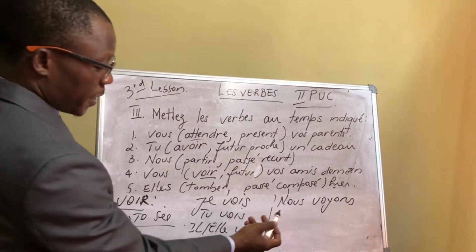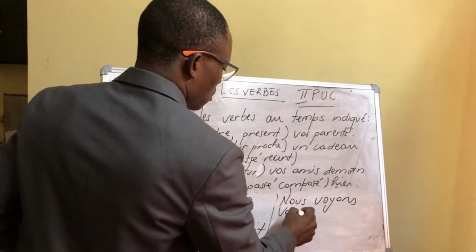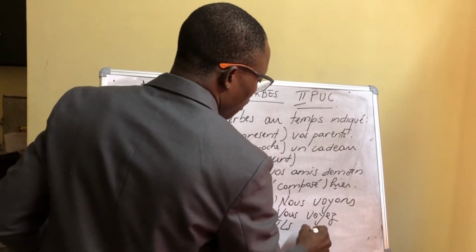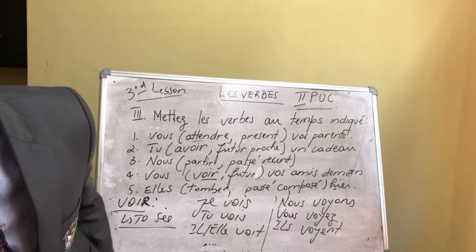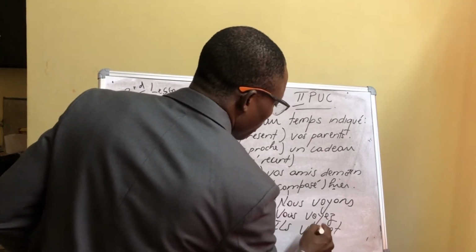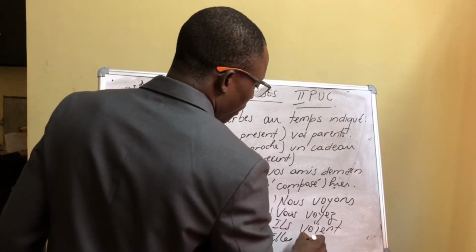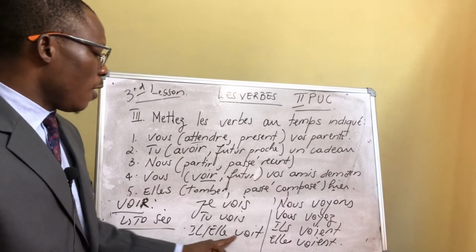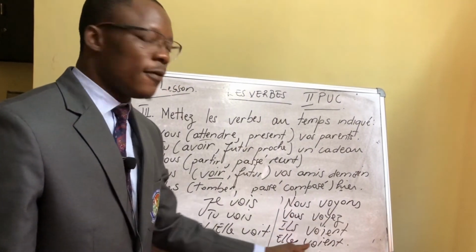As you can see here, even the spelling keeps changing. Nous voyons, vous voyez, ils voient, elles voient. I will explain why. Je vois, tu vois, il voit, elle voit, nous voyons, vous voyez, ils voient, elles voient.